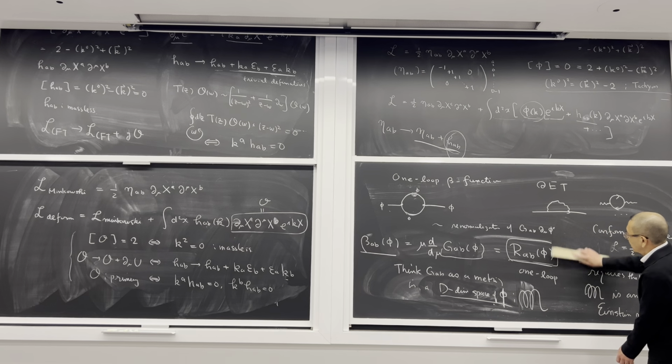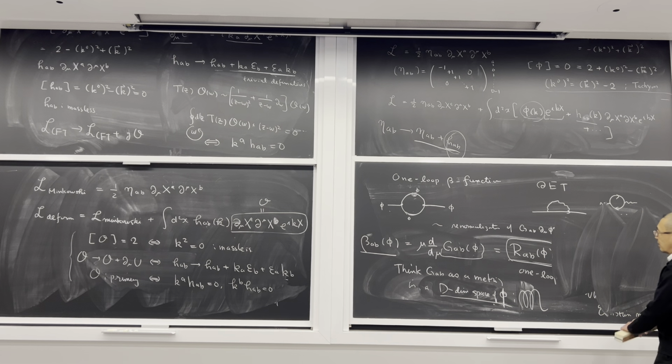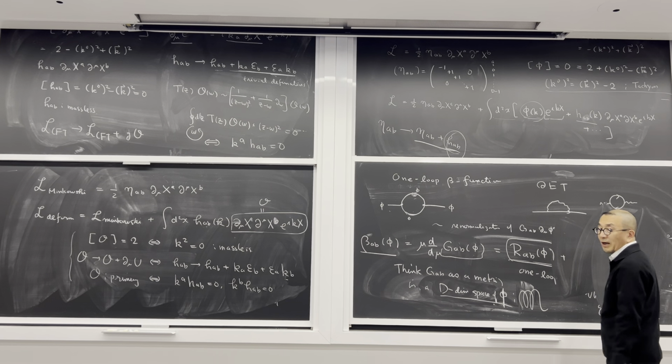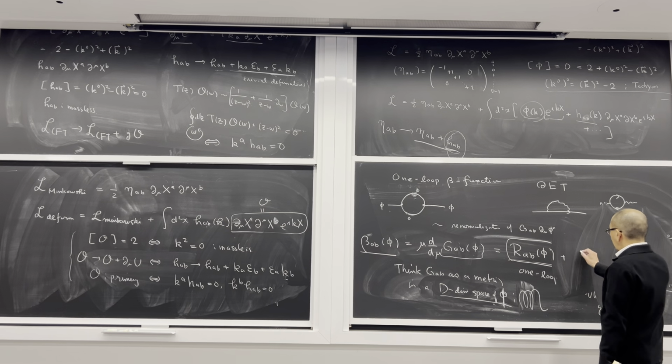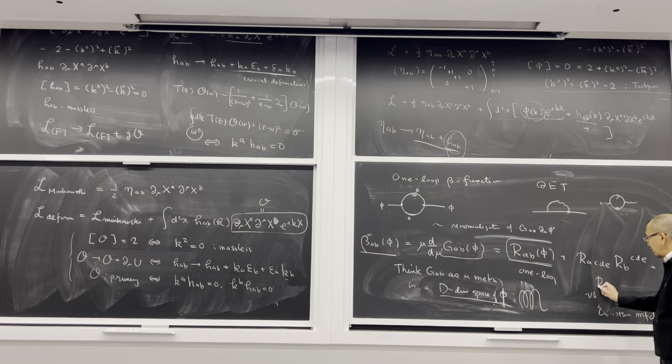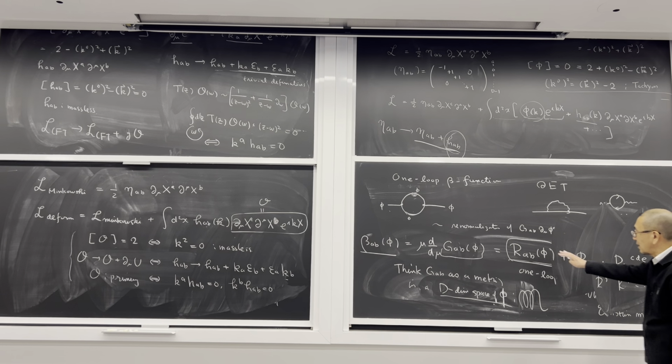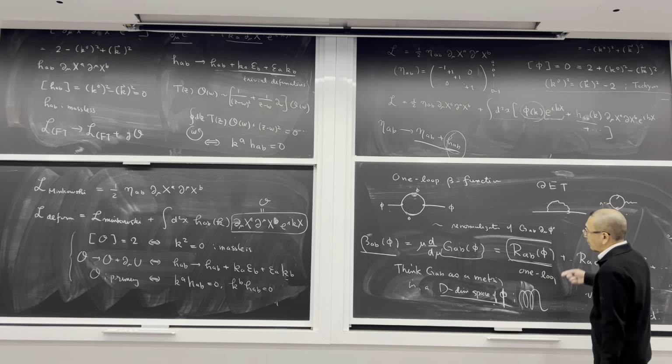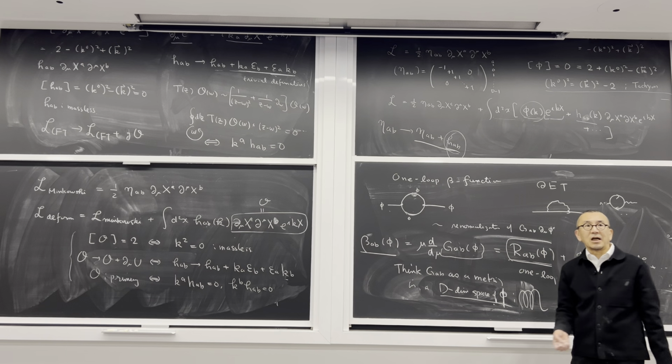In general, at higher loops you can have lots of other terms that you can add, for example R_ACDE R_B^CDE or many other terms, and then R³, R⁴, etc. These are all suppressed by string scale parameters. So in the low energy limit, indeed, you just get the Einstein equation. But at higher order, this becomes out of control.